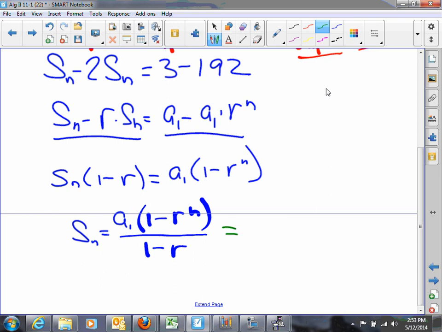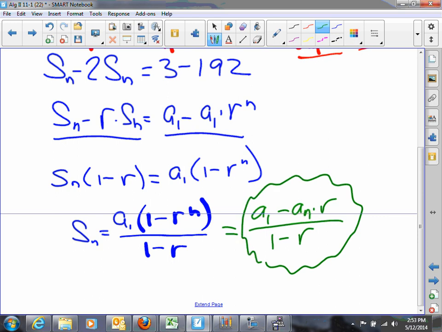It turns out to be also a sub 1 minus a sub n times r over 1 minus r. I don't think that this formula right here is as useful most of the time, but every once in a while something pops up where they've written a question, especially where that one's really going to be helpful. So you probably should know that one as well.